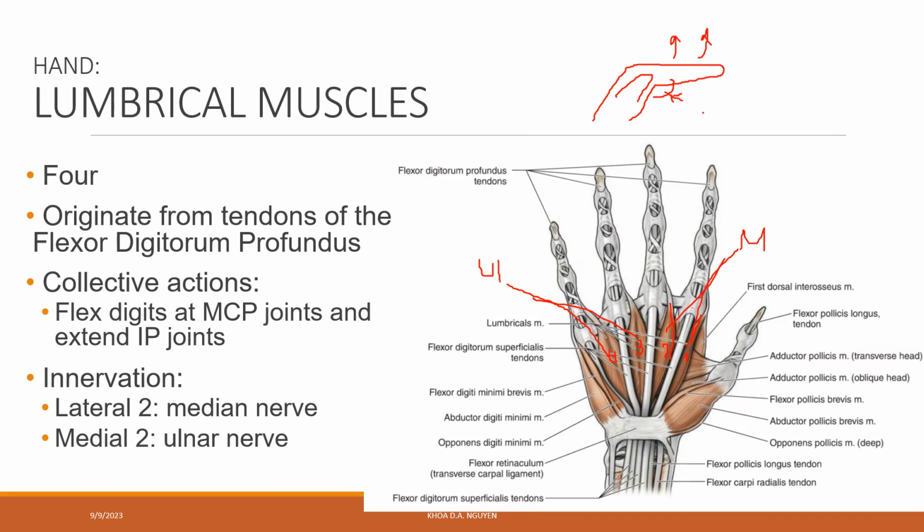You will soon find out that not only do the lumbrical muscles help do this action, but also the interossei muscles as well. This will come in very handy when we talk about a nerve damage that will be mentioned later on. Now, the lateral 2 are innervated by the median nerve, just like I said, and the medial 2 are innervated by the ulnar nerve.